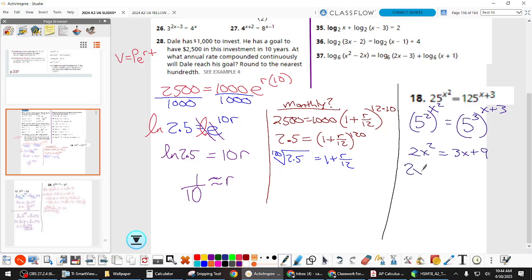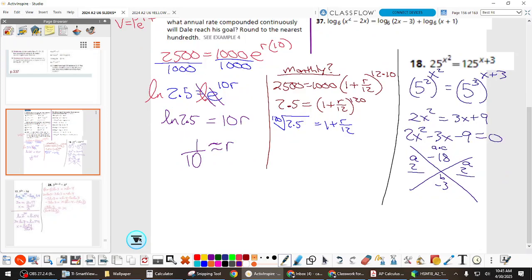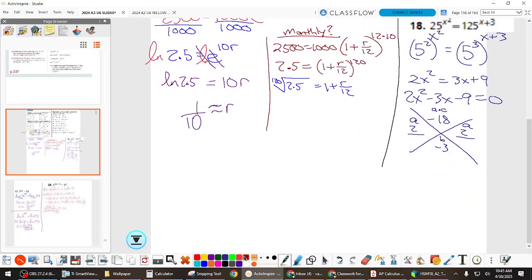I mean, we might as well try to factor this, but we have to get it set equal to 0 first. Okay, so set up the star. A times C is negative 18. And then B is negative 3. A, of course, is 2. Are there factors of negative 18 that add up to negative 3? Negative 6 and 3. Okay, and then I could see this getting missed.